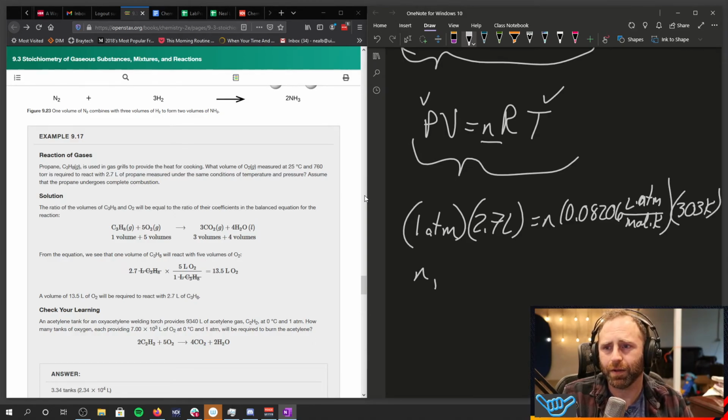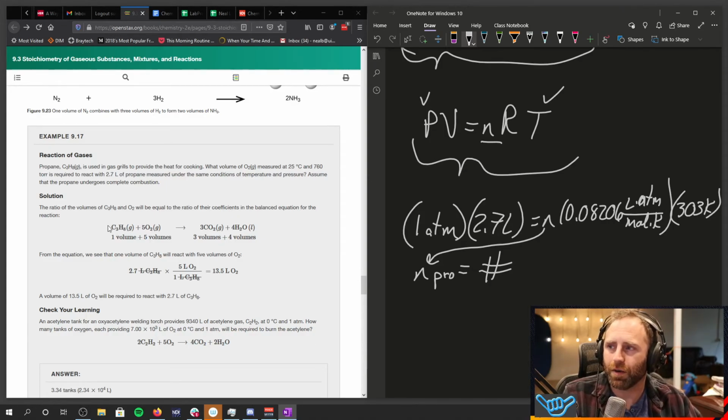And here is going to be your moles of propane that you've solved for. You can use your stoichiometry, the 1:5 ratio of moles of propane, etc., to continue on to answer this question.